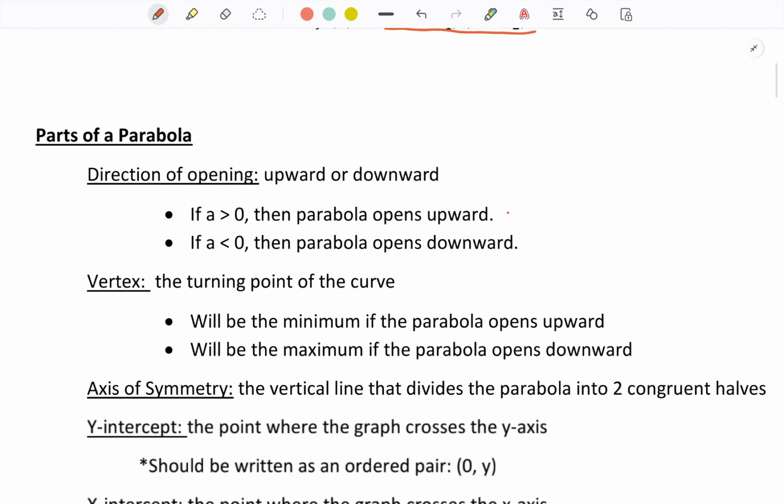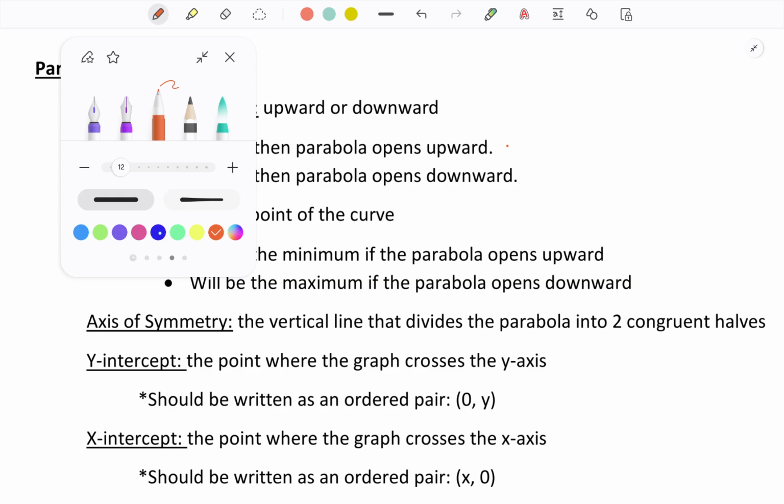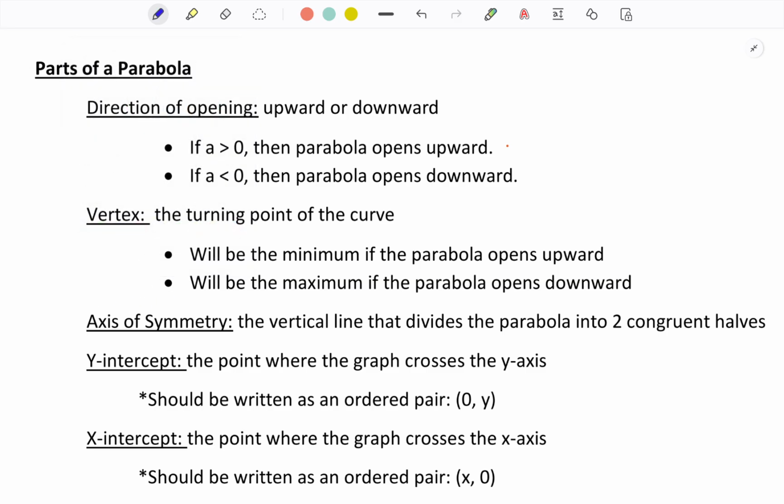So your parts of a parabola. Well, first of all, you have your direction of opening, which is going to be either up or down. So if your a, your first term in standard form, or your number in front of your parentheses in vertex form, is positive, then your parabola will open upward and make a happy face.